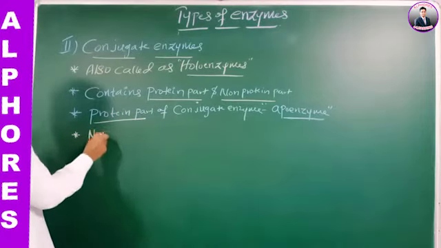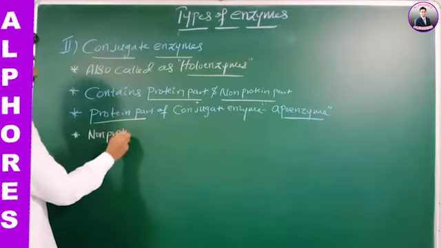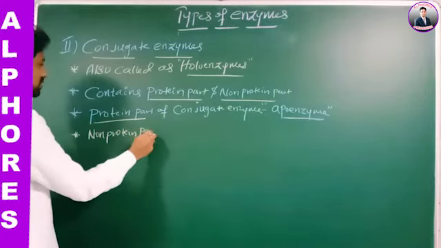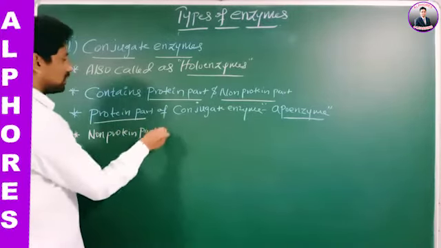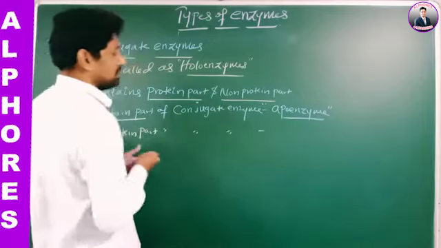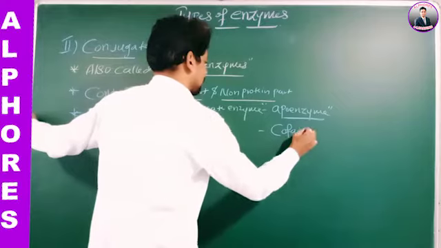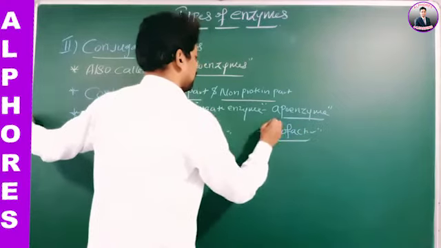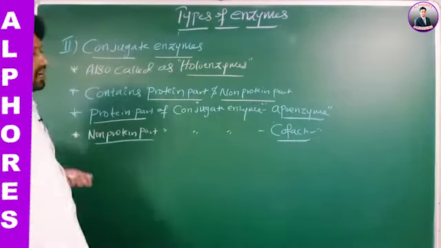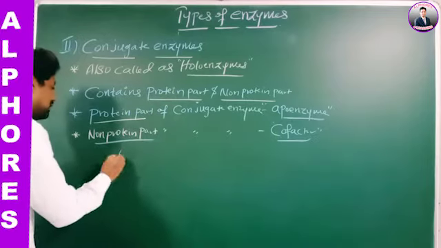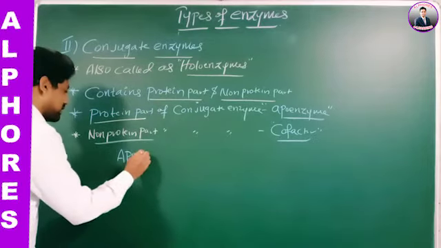Now, sir, what about the non-protein part? The non-protein part of a conjugate enzyme is called a cofactor. Protein part is called apoenzyme, right?